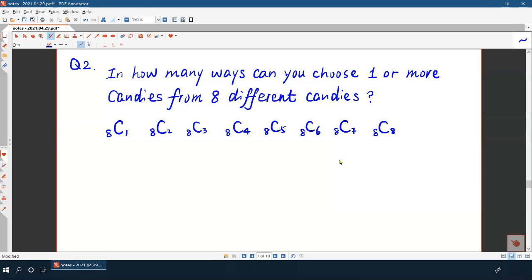That means any 8 from the 8, right? So the total number of ways to do this task is to add all the numbers together, right?